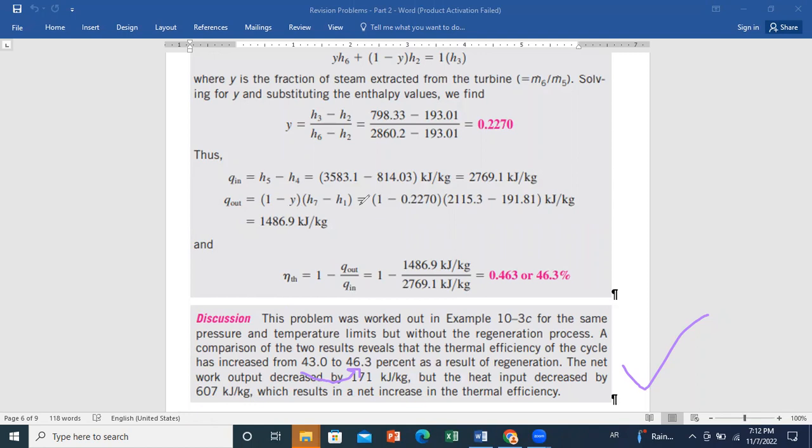So it's very important, if you introduce any modification to the system, to make sure that this modification will lead to benefits in the incomes, not only in the increase of efficiency, because it's true that it's increasing the efficiency, but also we have a larger cost of implementation of the feed water heater. Okay, any question on this problem? Is anything not clear?